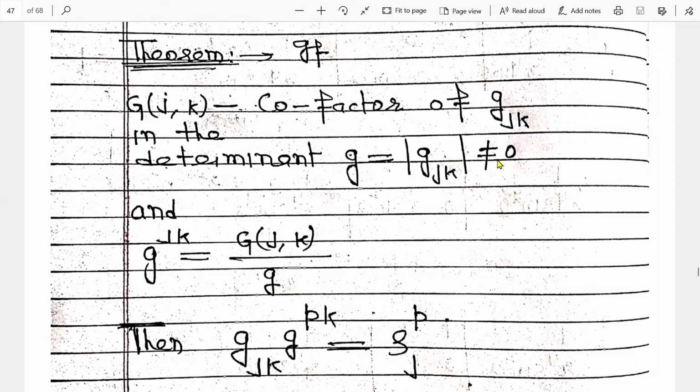Now we know the definition of the contravariant tensor, reciprocal tensor, conjugate tensor, which is g^jk equal to the cofactor of g_jk divided by g, right? So then the left hand side is equal to the right hand side. This result is very important and is used in many applications. So remember this result.